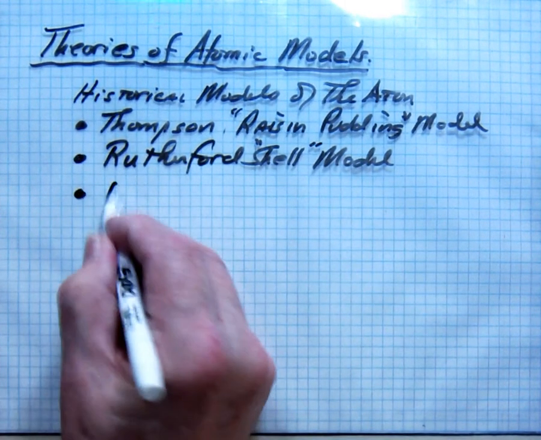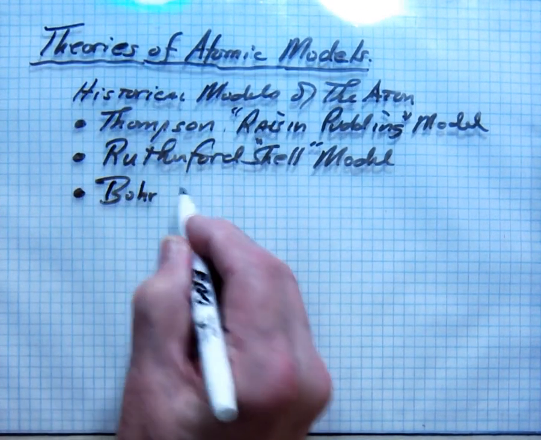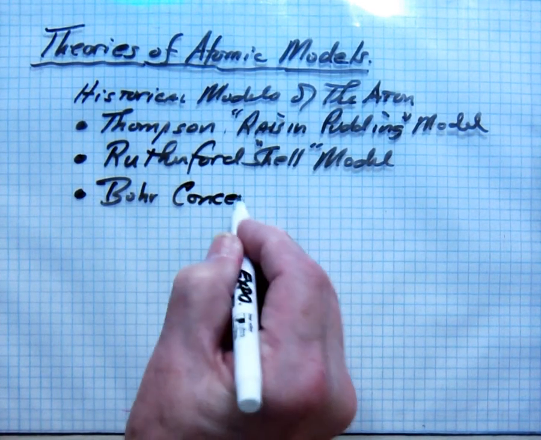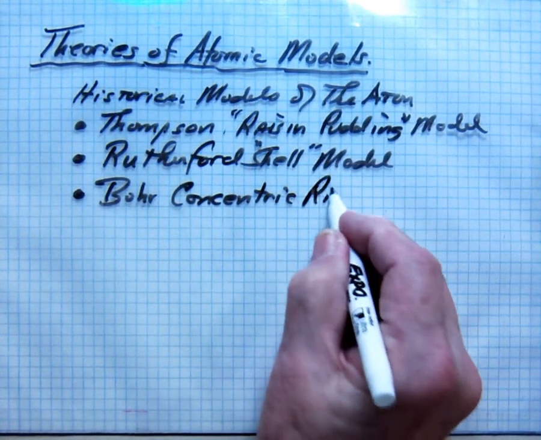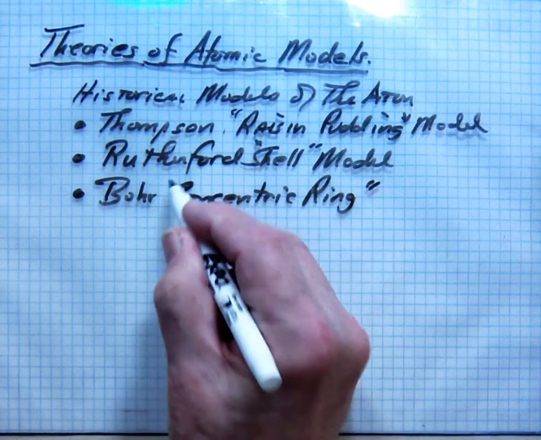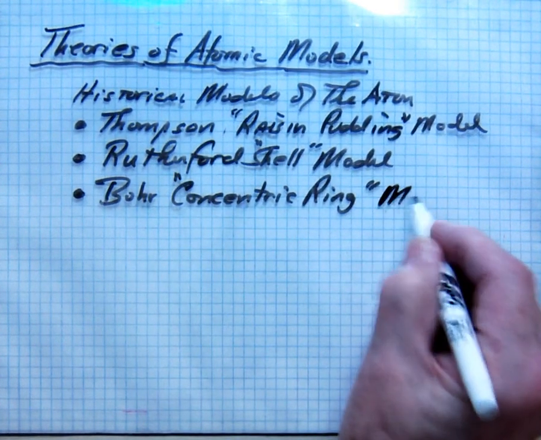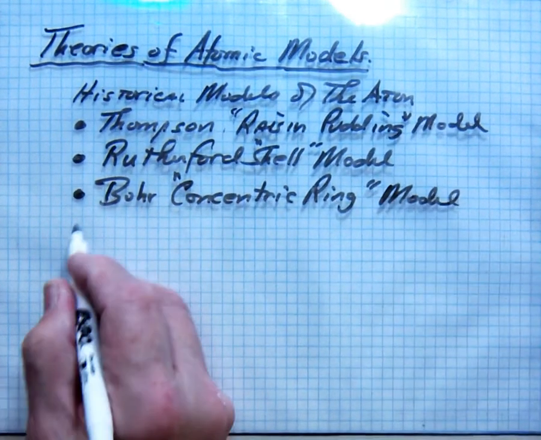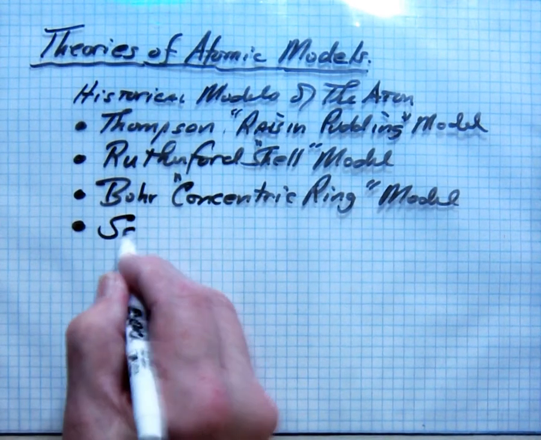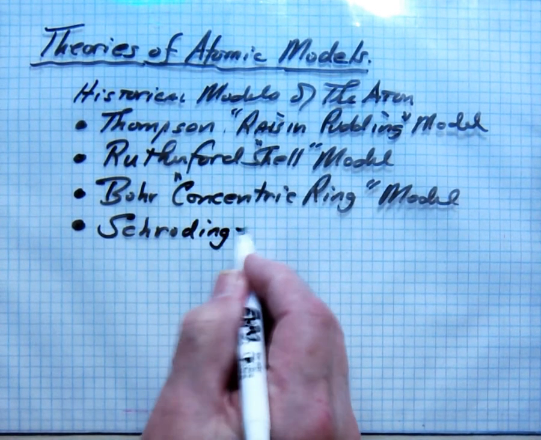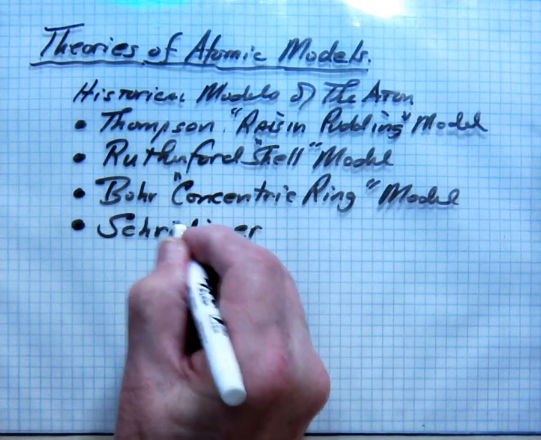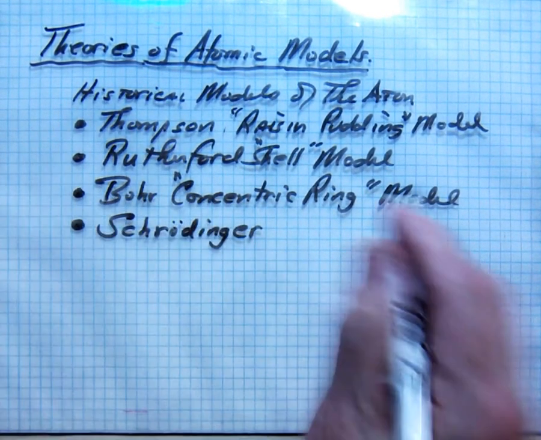The Bohr concentric ring model, and the Schrodinger, S-C-H-R-O-D-I-N-G-E-R, Ernst Schrodinger, with 2 dots, German origin.